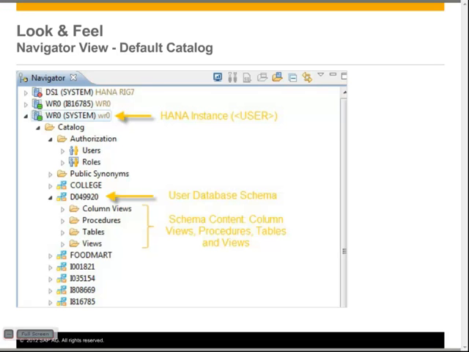The principle is roughly the same with HANA. You will come to see that there are other ways of interacting with HANA, not just with schemas and the catalog. But under the schema, if we start here, you will see the content that it gives us. We can have views, procedures, tables, or column views. The tables is probably what we're going to start by looking at.